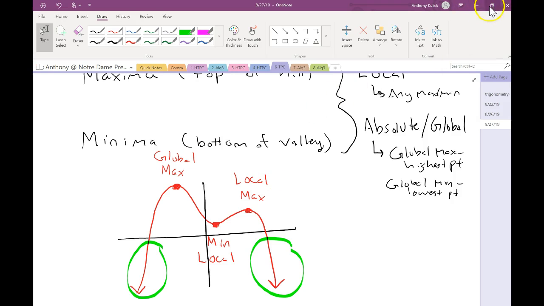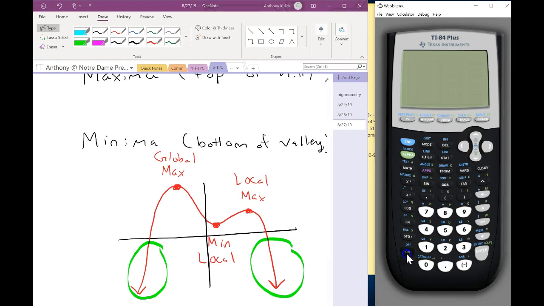So let's do a quick example of how we use our calculator to find these maxima or minima.